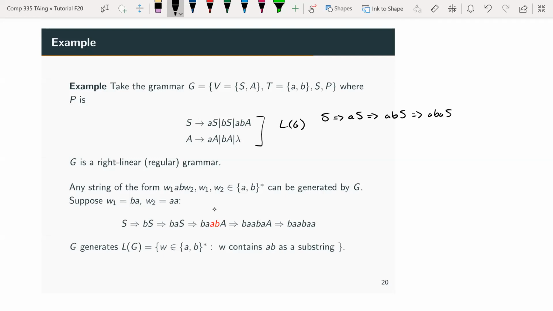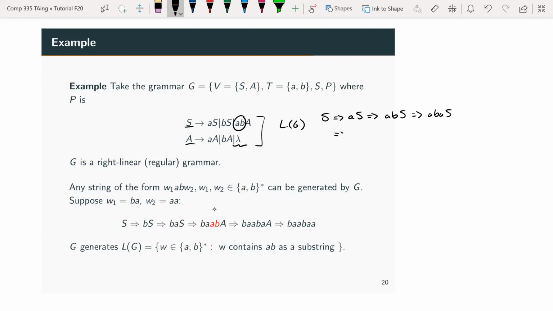But because you want at some point to generate a string, and a string is a list of terminals, at some point you need to go from S to A, because A has the lambda, the empty string. And to do that, to go from S to A, you need to have the production rule ab A, okay?